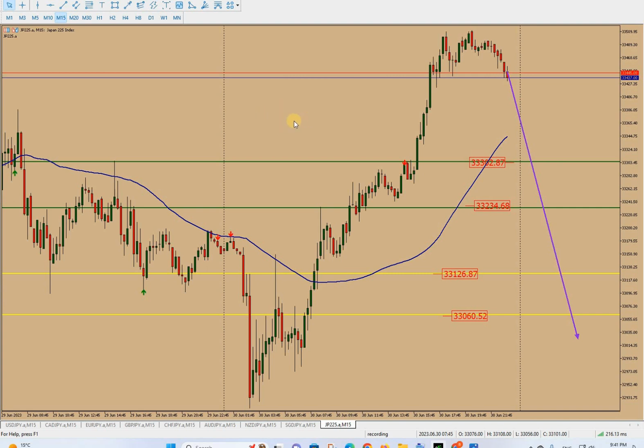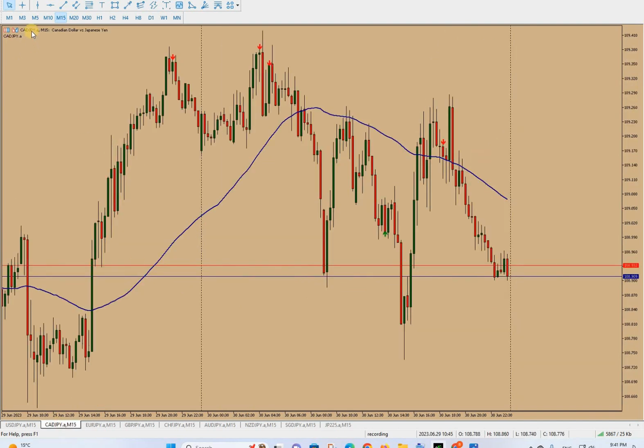So I'll just repeat. If the index is going down, the Japanese currency would get strength and go up. But you have to understand this. For example, if it were Japan Canada, with Japan first and Canada second, then the market would go up.